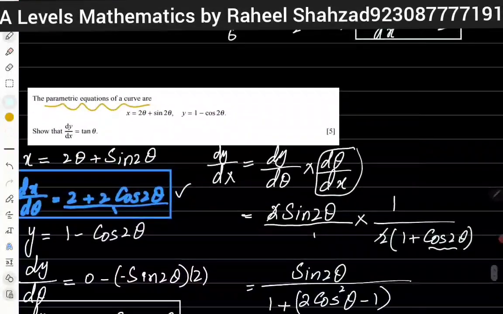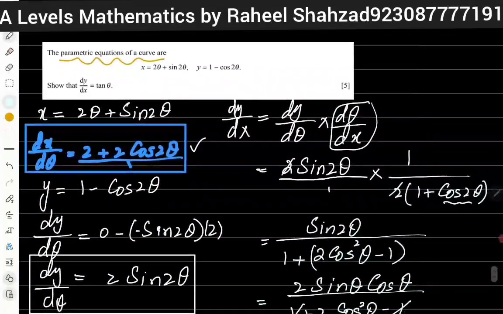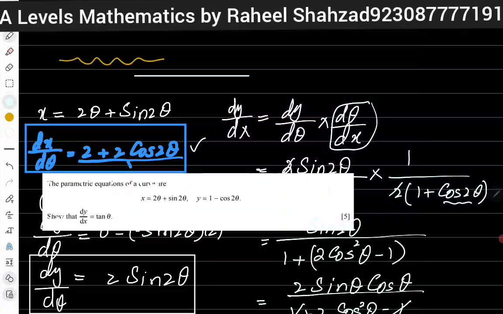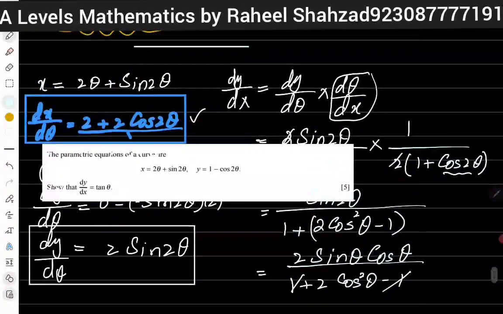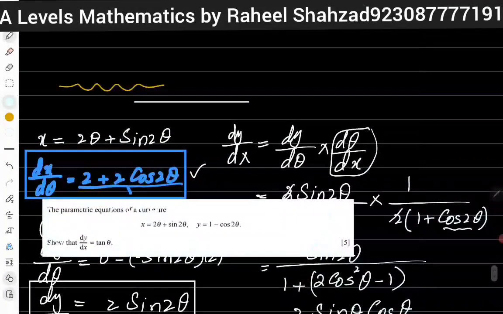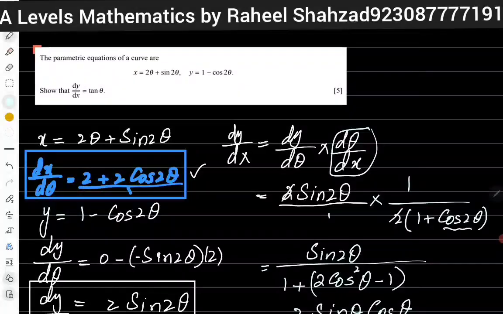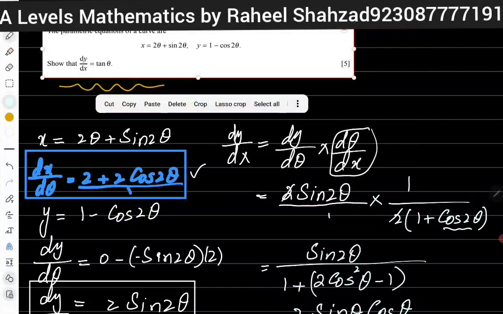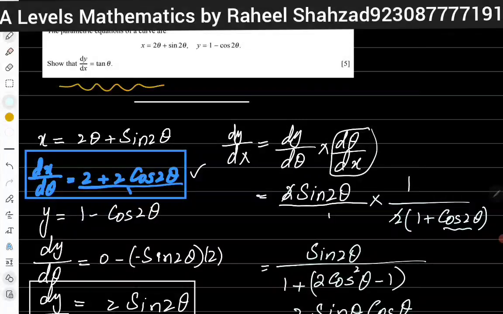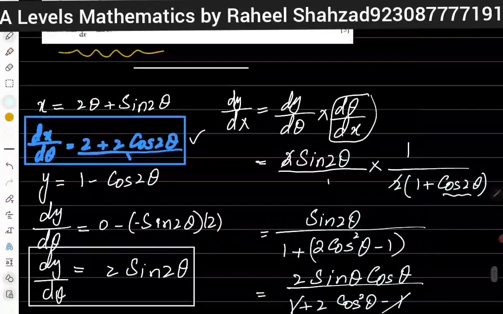In the question, if you see, the parametric equations of the curve are x is equal to 2 theta plus sine 2 theta and y equals 1 minus cos 2 theta. So we have to find dy by dx in terms of tan theta.